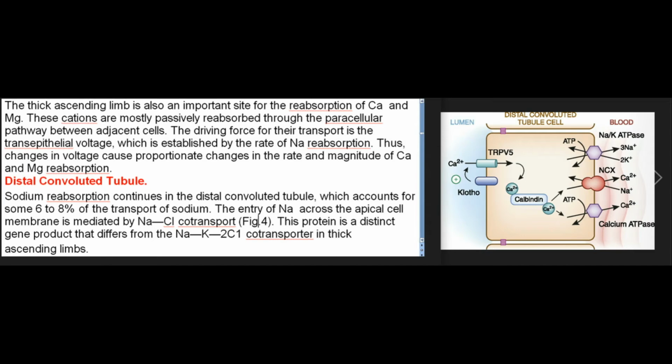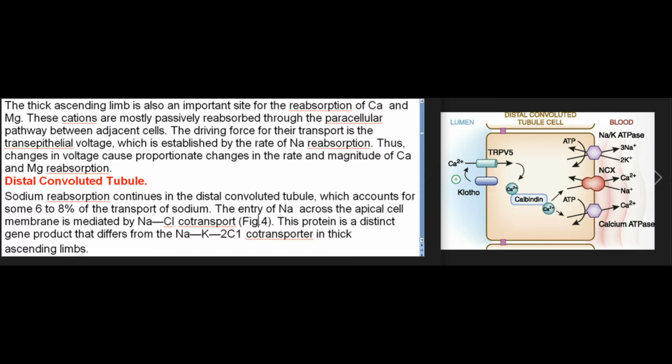The thick ascending limb is also an important site for the reabsorption of Ca and Mg. These cations are mostly passively reabsorbed through the paracellular pathway between adjacent cells. The driving force for their transport is the transepithelial voltage, which is established by the rate of Na reabsorption. Thus, changes in voltage cause proportionate changes in the rate and magnitude of Ca and Mg reabsorption.